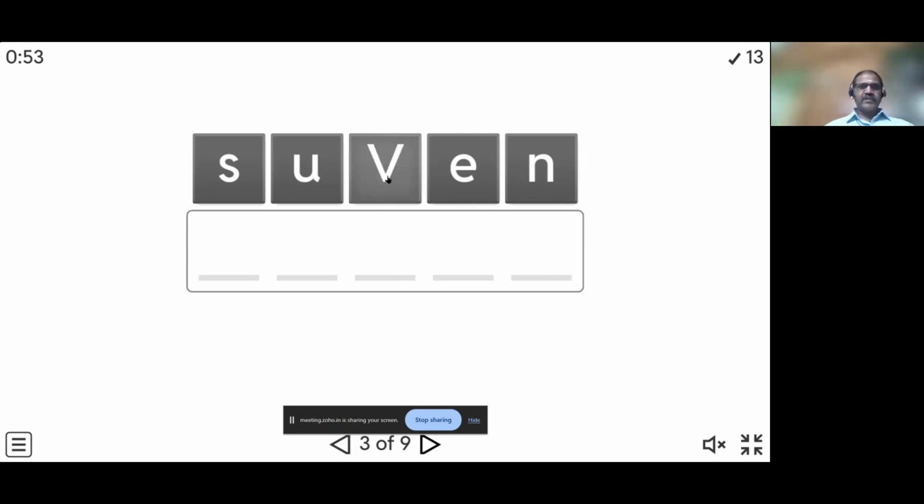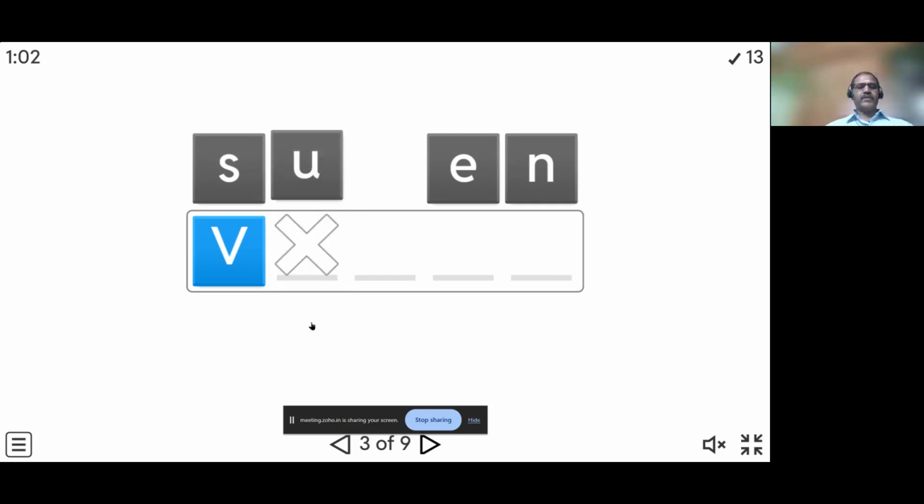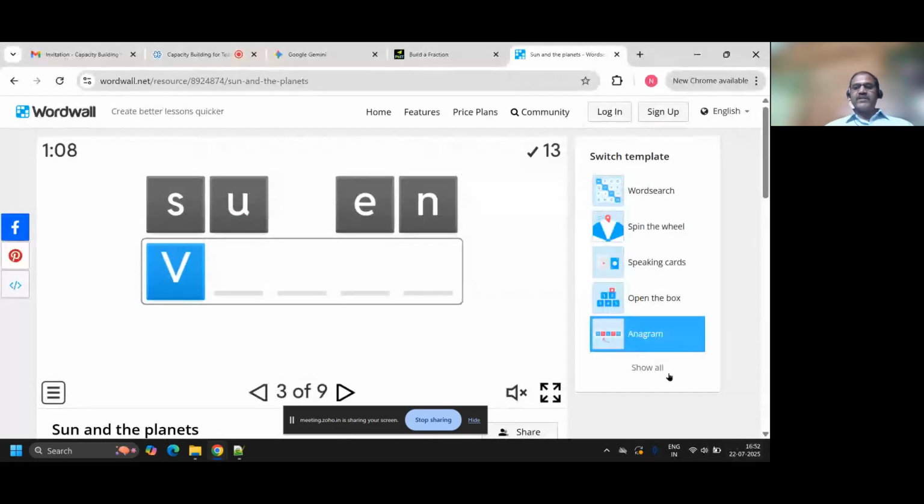So take it as the first one. If I try to do the wrong thing, it will not allow me. It will be wrong. So it will stop me from doing wrong. It is the same word search. In one click, it came out. So this kind of sites will be very nice.